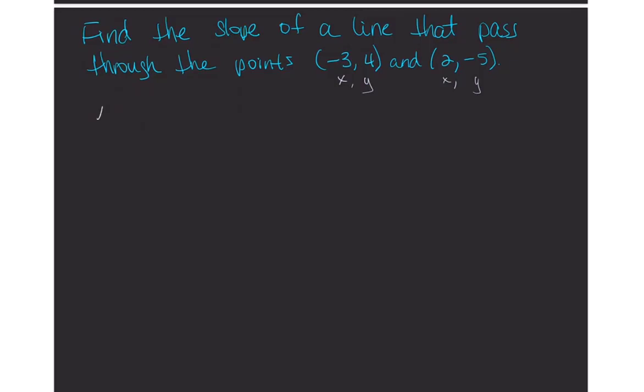So if I want to figure out my change in y and my change in x, I've got to subtract my y's. And it doesn't matter which one you start with. You can start with the first point or the second point. Anybody got a preference? Second one, yep. So the second one, my y value is -5, and then I'm going to subtract 4.